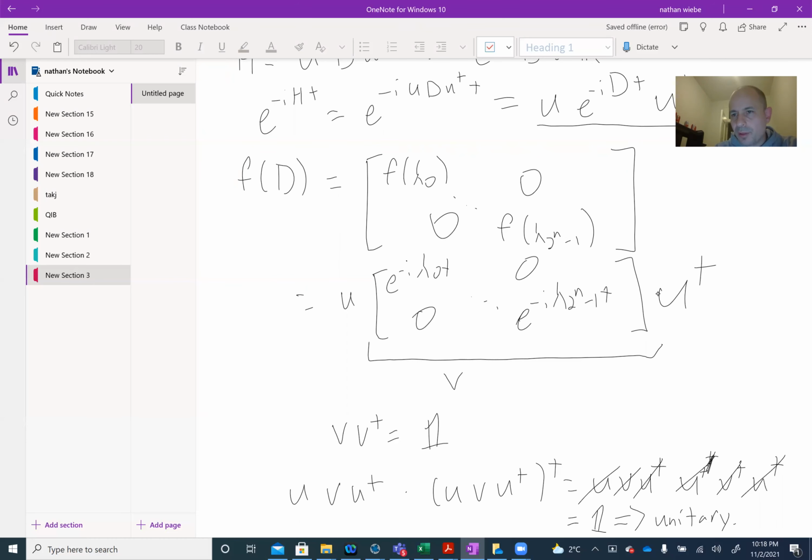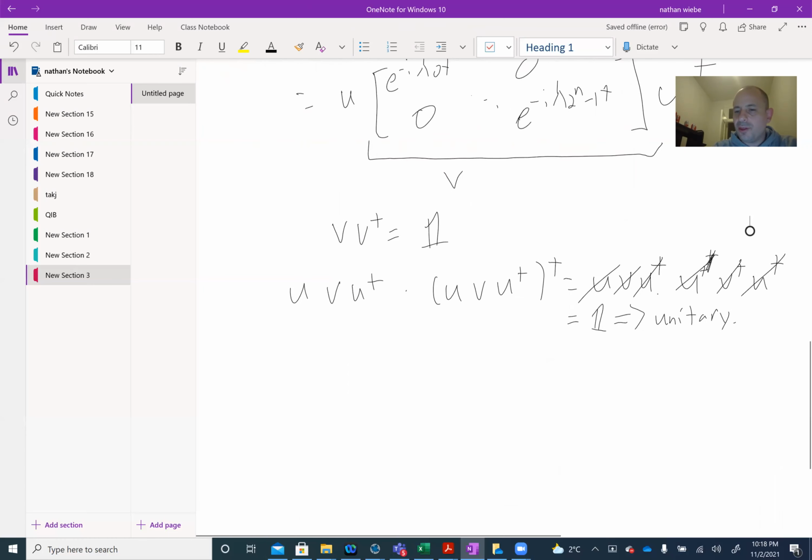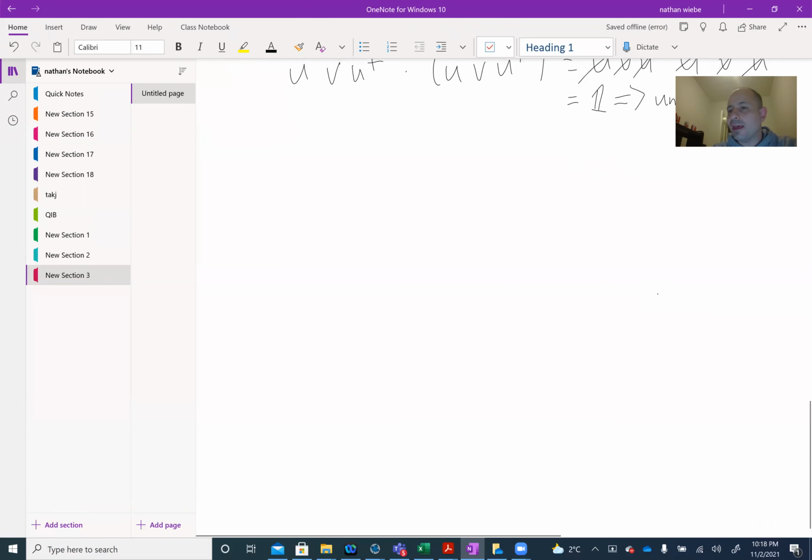Great. So now we've seen that the time evolution operator, U of t, is a unitary matrix. And so this is something that we can build on a quantum computer, because it is unitary. So we'd very much like to figure out a way of compiling this down. So how are we going to compile e to the minus iHt into quantum operations that we know how to deal with?